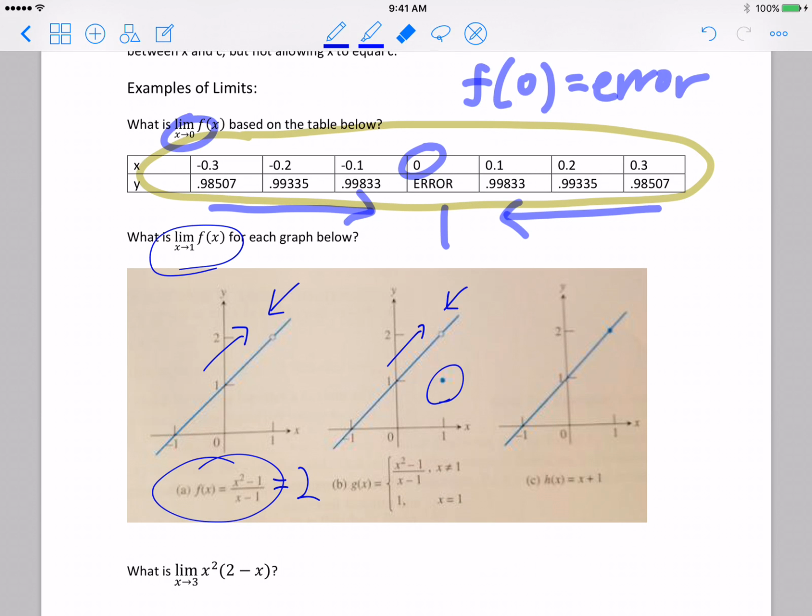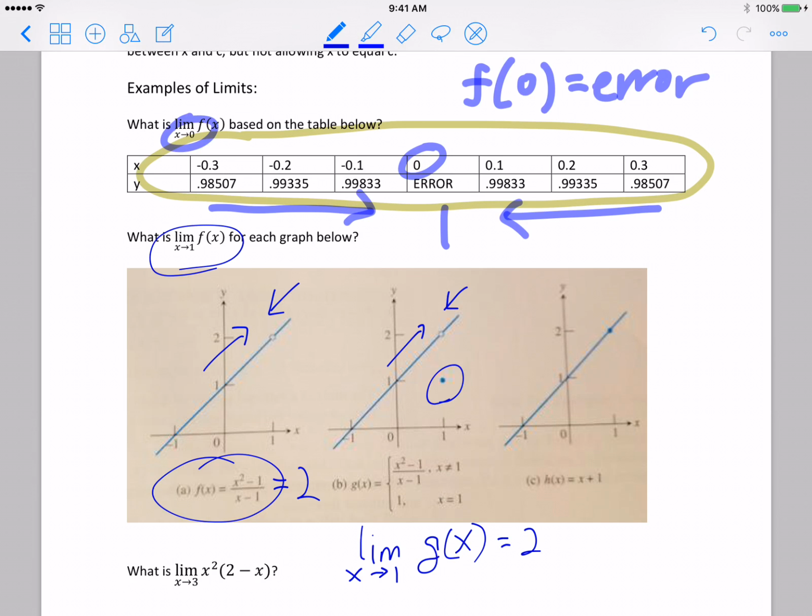Take a look at the trend and the pattern. From the left side and the right side, your function is approaching the y value of 2. So that will be your limit. We could say that the limit of g of x as x gets near 1 is still 2, even though it may not be defined at x equals 1.